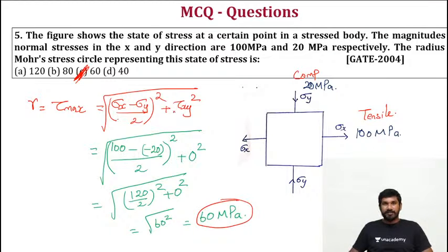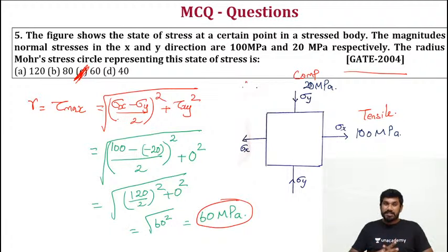Got it? Done? Right? So these are quite interesting questions in Mohr circle, and this question was asked in GATE 2004. If you know the simple basic fundamental concepts of the Mohr circle, the time taken to answer the question is very, very little. You can even answer it within 20-30 seconds.